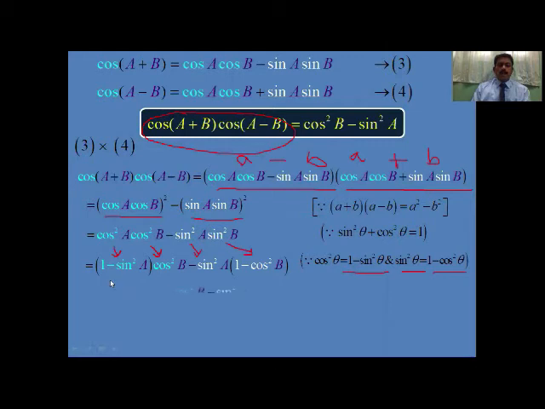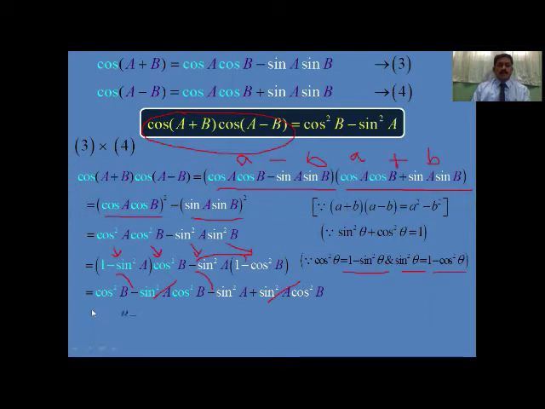If you multiply, 1 into cos square B is cos square B, minus sin square A into cos square B. Here plus into minus, minus sin square A into 1 is sin square A, minus of minus plus sin square A into cos square B. These two are same terms, I have cancelled.